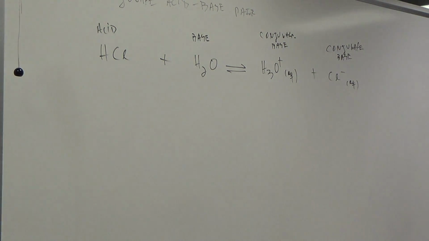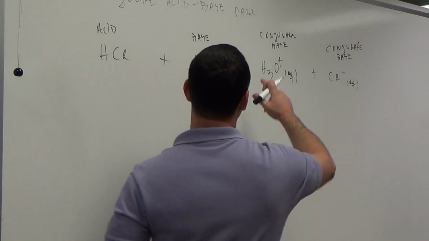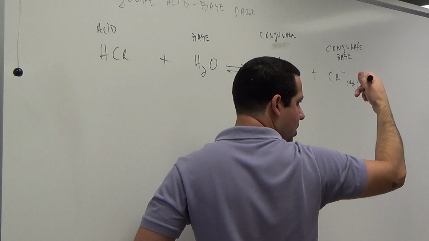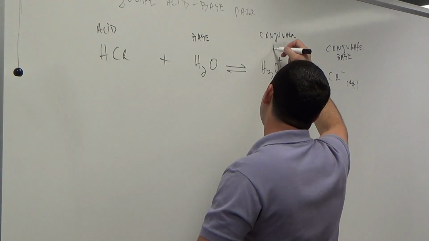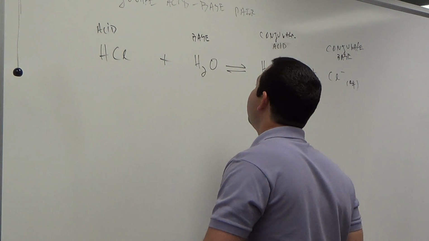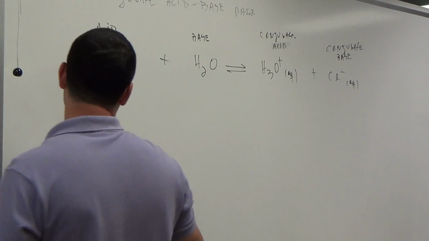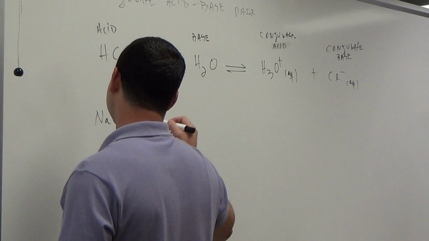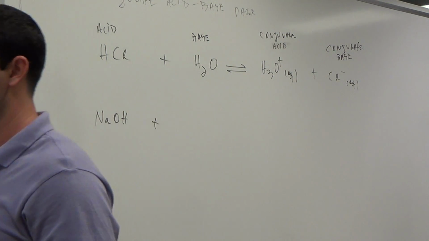Yes or no? So the H3O is the conjugate base as well? Hmm? The H3O is, oh no, conjugate acid. Did I say conjugate base? No, I said conjugate acid, but someone told me base. So I add water to that.